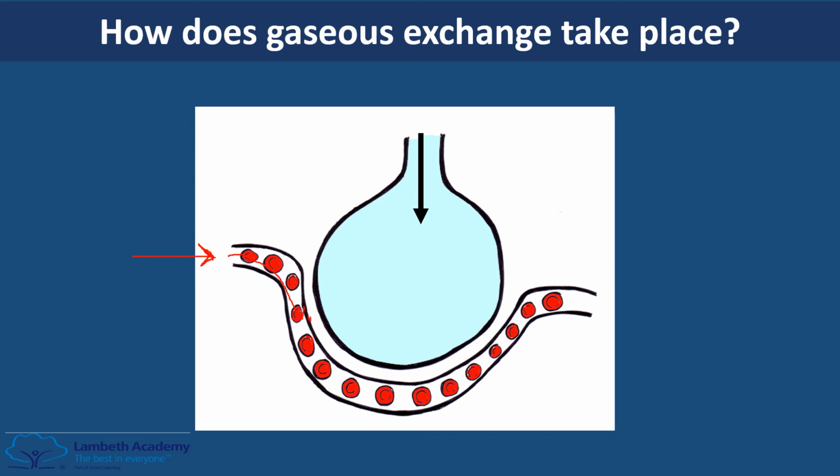I'm just going to draw a little squiggle here to symbolise that really thin cell wall. So our carbon dioxide will pass through this and arrive in the alveoli. Once it's in the alveoli, it is now a gas, so it can leave the alveoli in the form of exhalation. So that's our breath that we release.